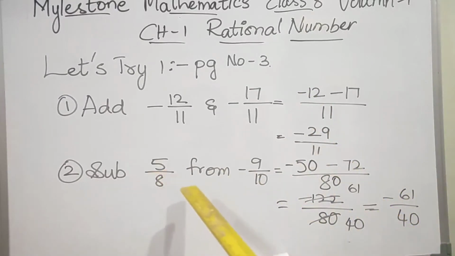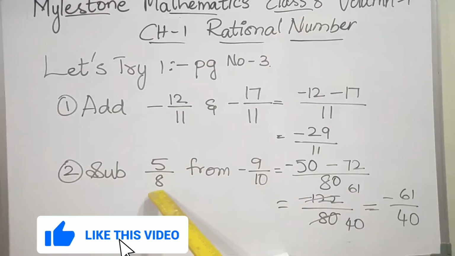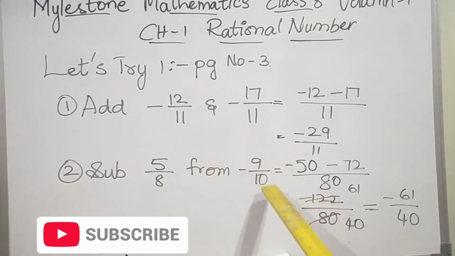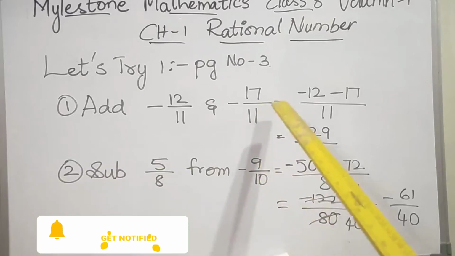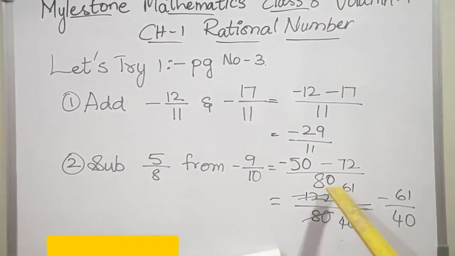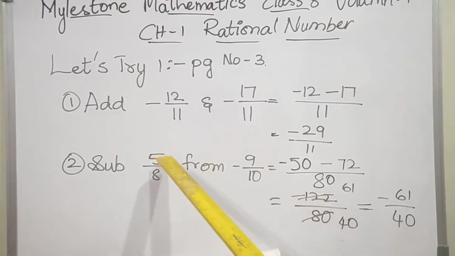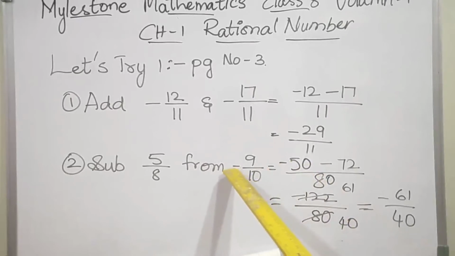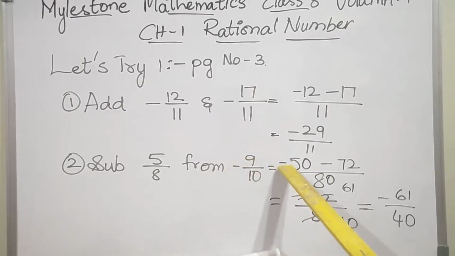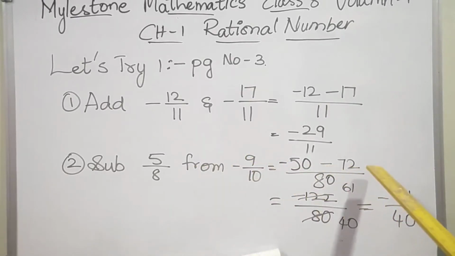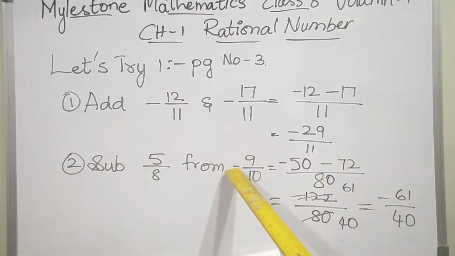Now subtract 5 by 8 from minus 9 by 10. Here you have to observe 5 by 8 and minus 9 by 10. Unlike the previous one, we don't have the same denominator here. So the LCM of 8 and 10 gives 80. Now we do the cross multiplication: 5 tens are 50, and we keep the same sign. Now 8 nines are 72, and we have the sign minus here.